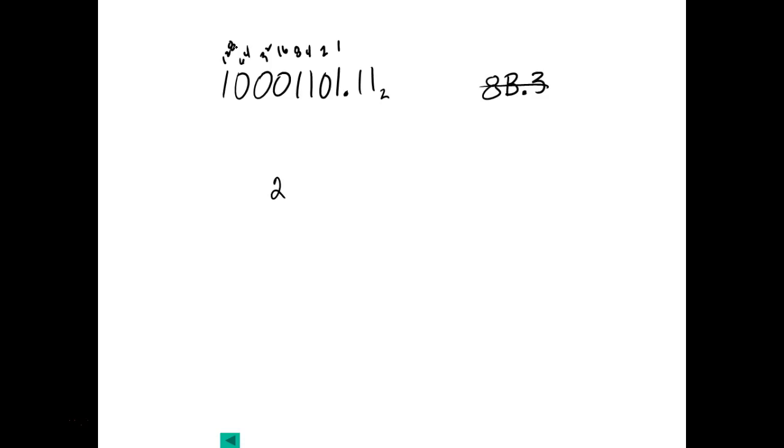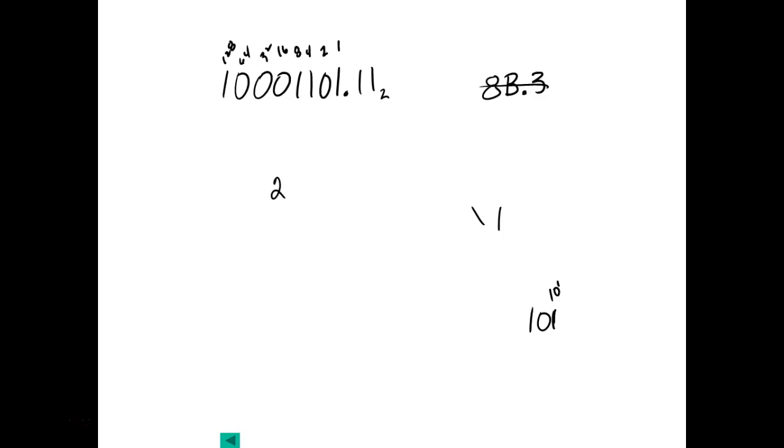That would be like saying over here on base 10, this is a 10 to the first. And it's not. It's a 10 to the 0, right? You understand that? So your first weight on the left-hand side of the binary point would be 2 to the 0. And any number raised to the 0 would be what?